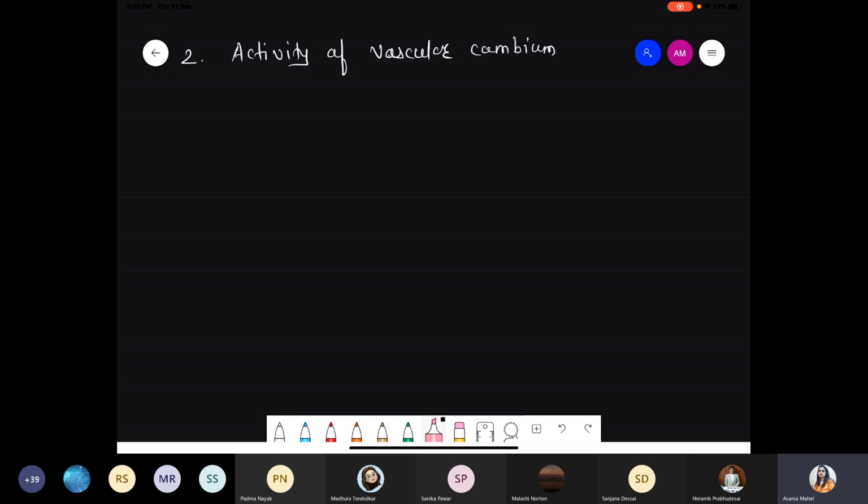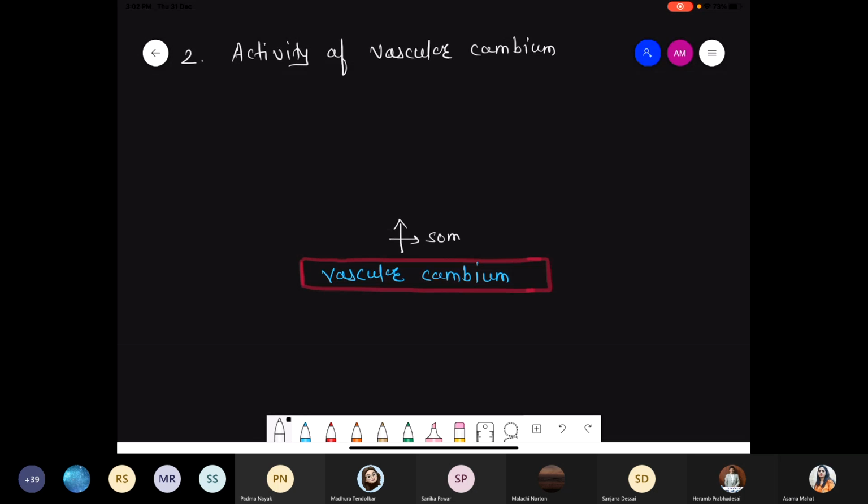Now what happened? Suppose we are taking a very small section of the vascular cambium. It is present in ring form, but I'm taking a very small section. Now some cells of the vascular cambium, not all, cut toward the outer side.